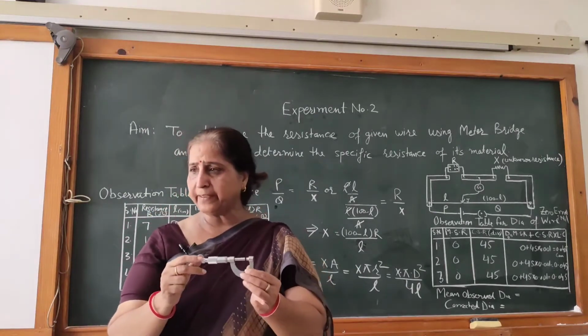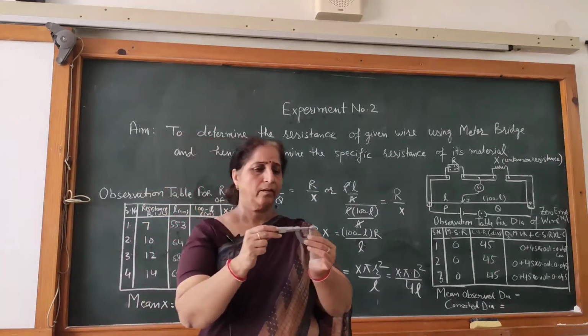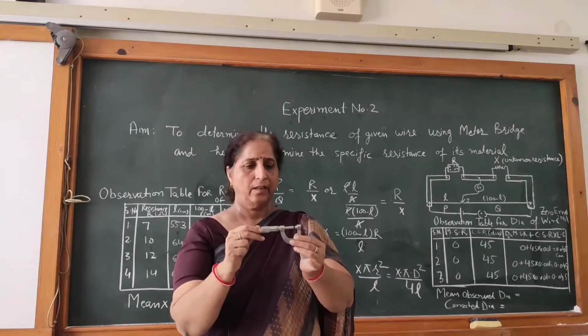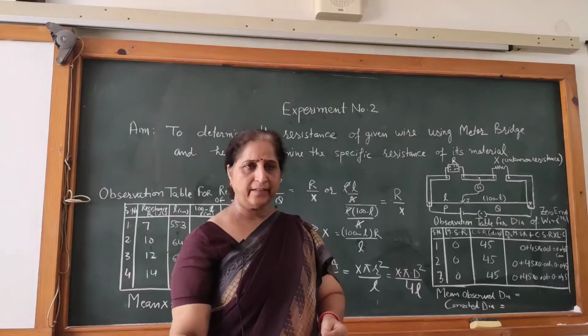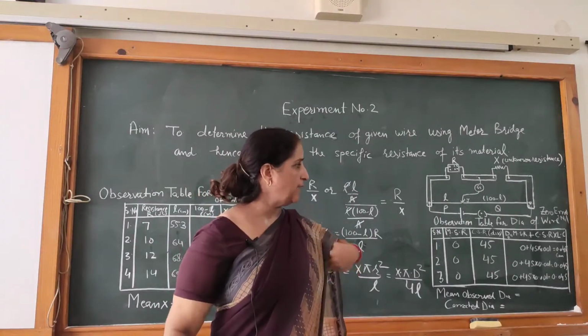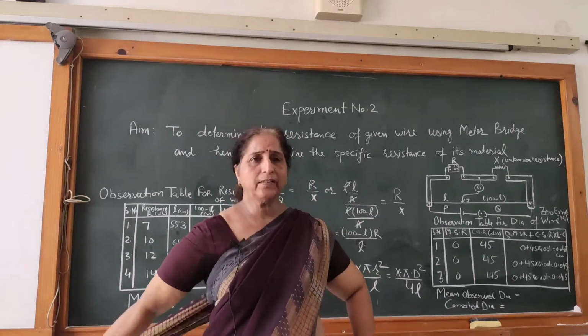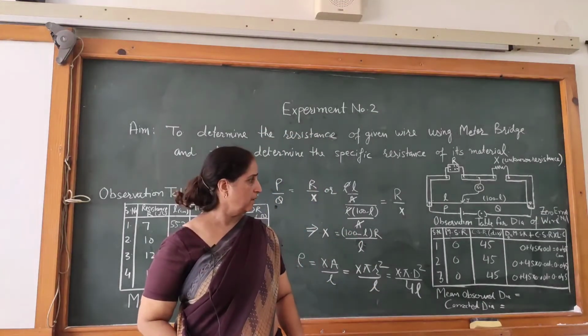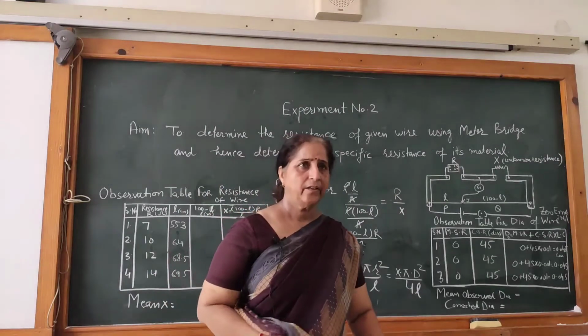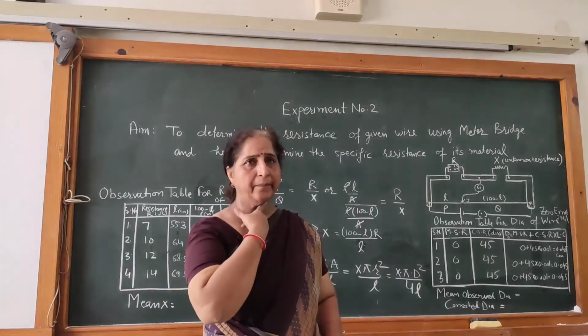A thin wire will be provided to you. In case of screw gauge, you have studied that the least count is 0.001 centimeter or 0.01 millimeter. So that also we shall use to find out the diameter.